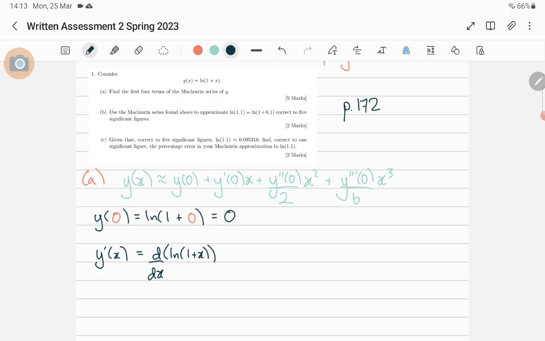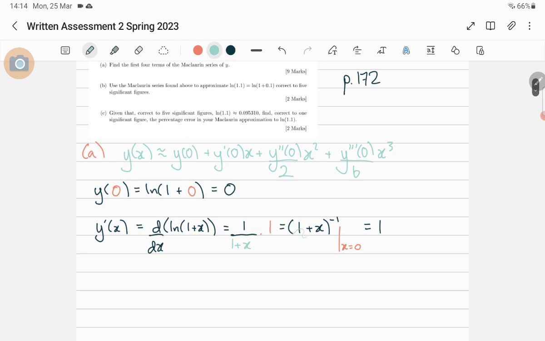Being careful, we differentiate the outside function, log of x, to get 1 over x, evaluated at the inside, which is 1 plus x, and then the chain rule says multiply by the derivative of what's inside, and the derivative of 1 plus x is just 1. For the purposes of subsequent differentiation, multiplying by 1 makes no difference. I have divided by 1 plus x once, so that's 1 plus x to the power of minus 1. If I evaluate this at x equals 0, I just get 1 to the power of minus 1, which is also 1.